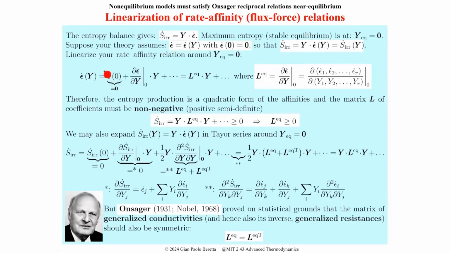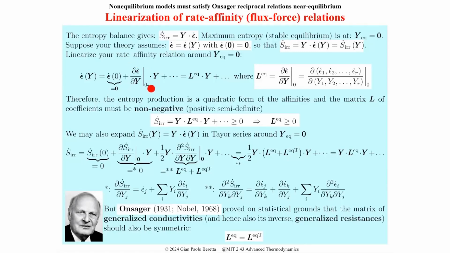Okay, so the first term is 0. This should be a boldface 0. Then we have plus the first derivative evaluated at 0. This is also boldface, and that multiplied by y. So this is the linear term. Plus dots, because in fact this is already different from 0.